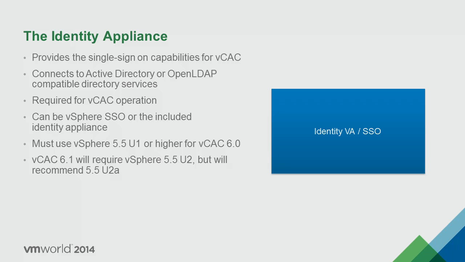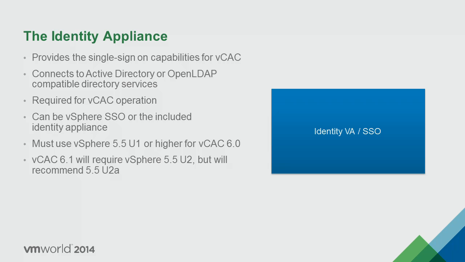There are some advantages and disadvantages to using one or the other, and we're going to talk about that in a few more slides. If you do decide to use vSphere SSO, you need to be on 5.5 U1 or higher for 6.0. And we're going to be recommending to use vSphere 5.5 Update 2A when 6.1 releases, which is in about 2 weeks.